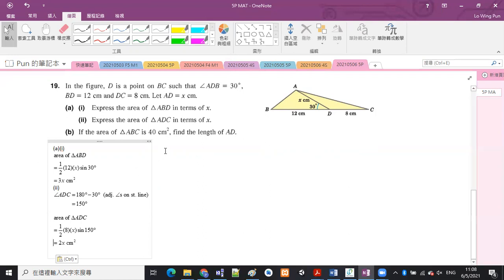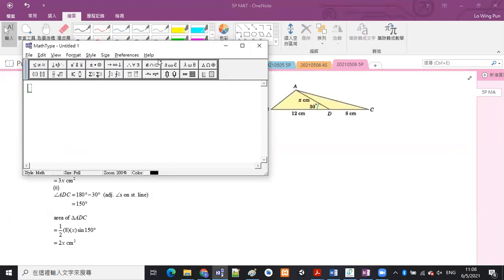So part B, I'm going to write this. You don't need to write this. Area of triangle ABD plus area of triangle ACD is equal to the area of triangle ABC, because I'm using this relationship, okay?